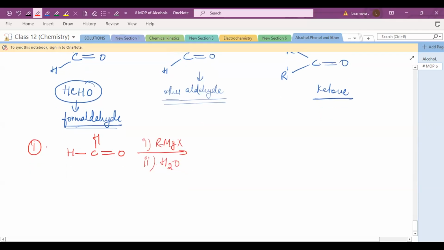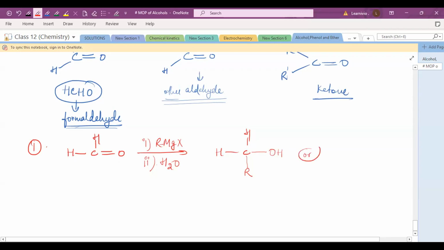Just break this pi bond, and one bond is formed between the oxygen and hydrogen, and another bond between the carbon and the R group, the alkyl group of the Grignard reagent. That's your product.